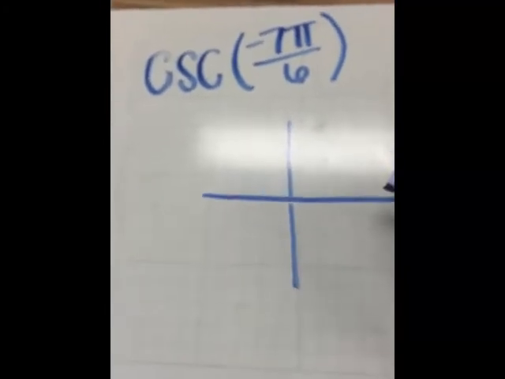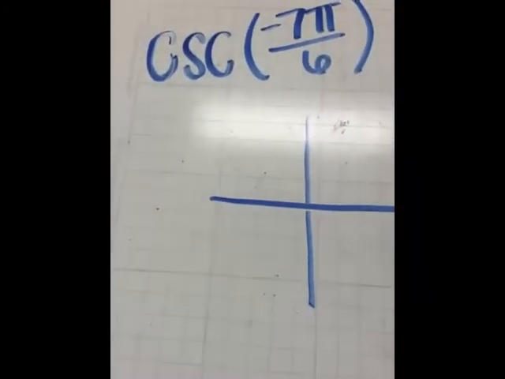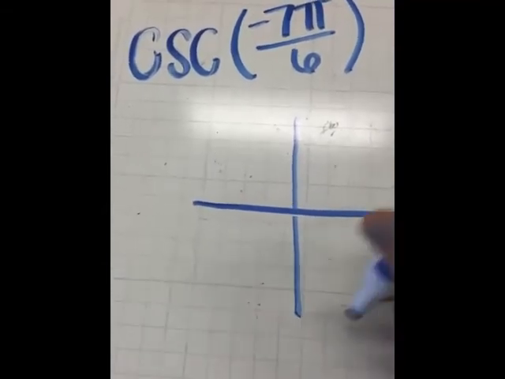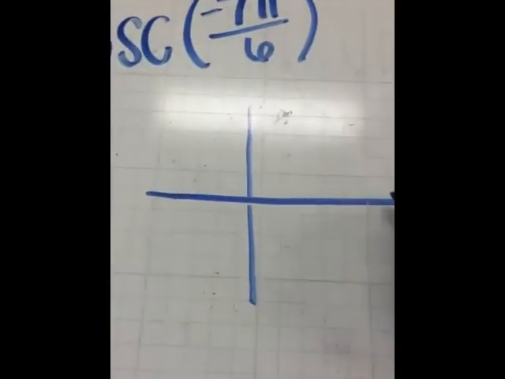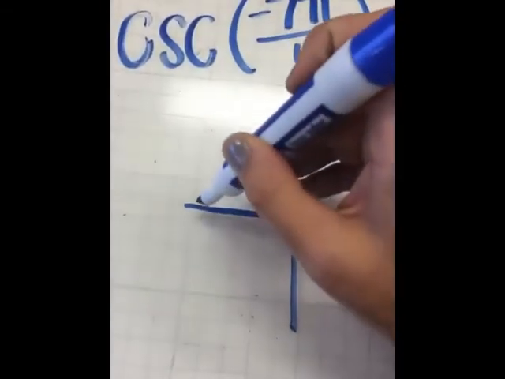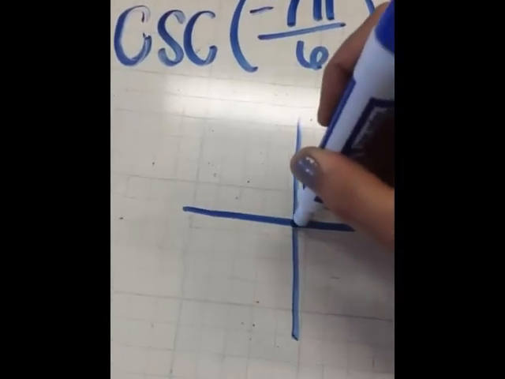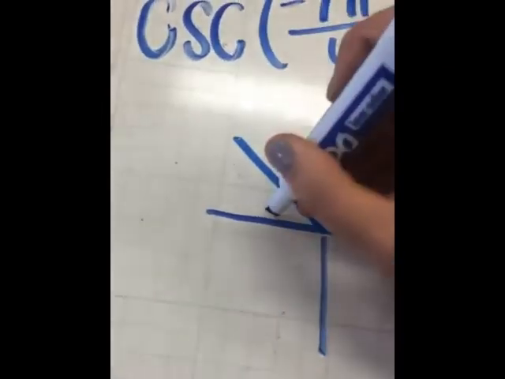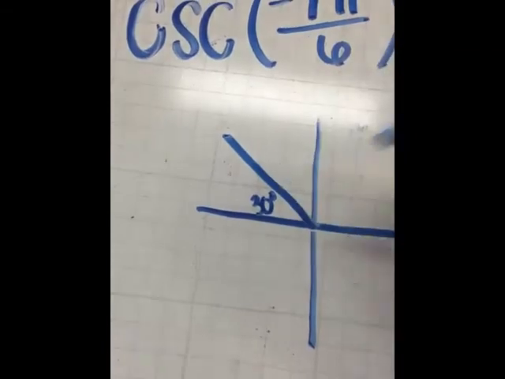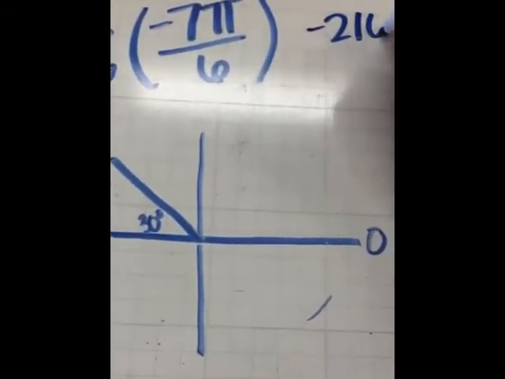So if we're going negative 7 pi over 6, that would mean that we're going negative 210 degrees. So here's 180, or 6 pi over 6, and then we have 1 pi over 6 left over, so aka 30 degrees left over. So to clarify, this is negative 210 degrees.